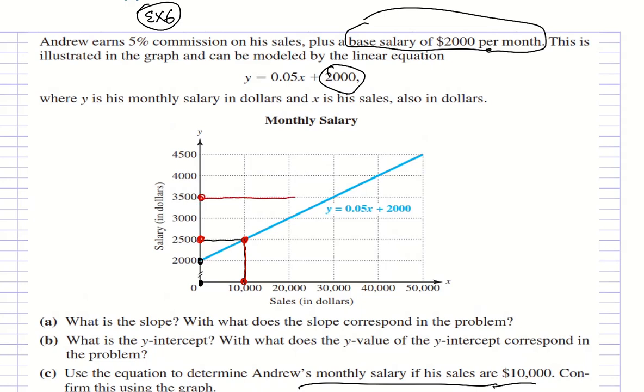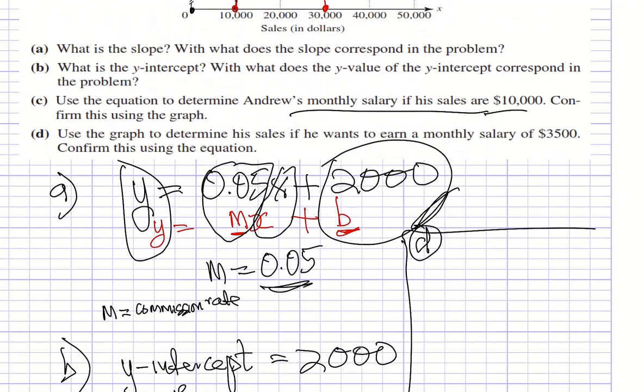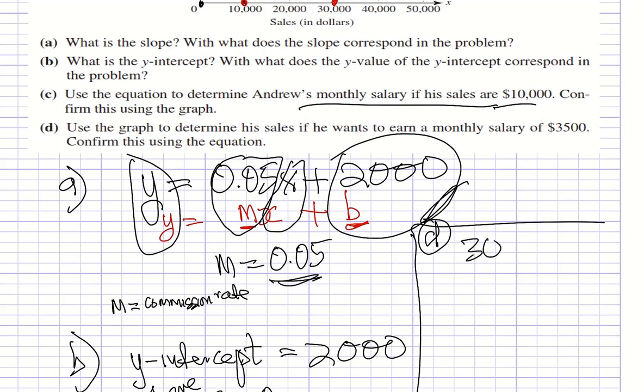You go to the graph, cross right here, and go down. So the sale has to be 30,000. That's how you do that, 30,000 in sales.